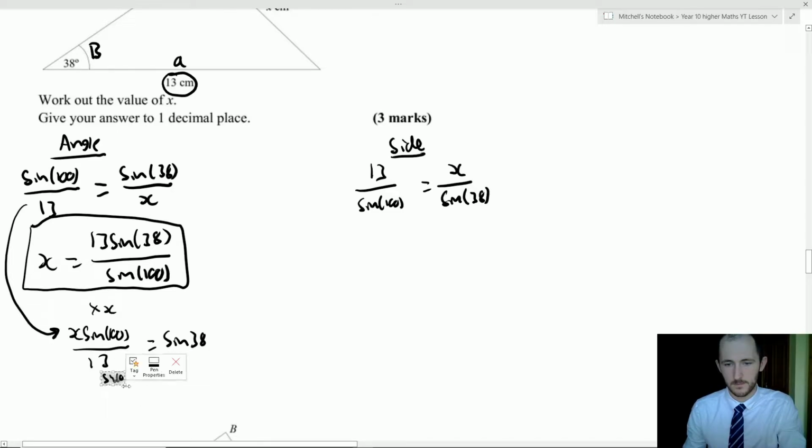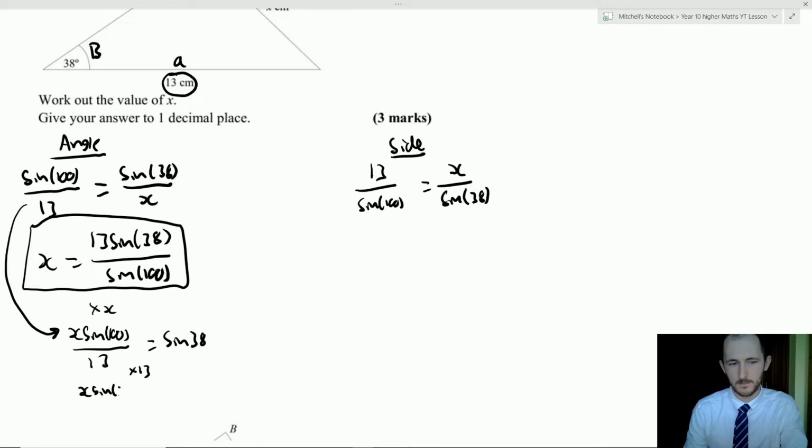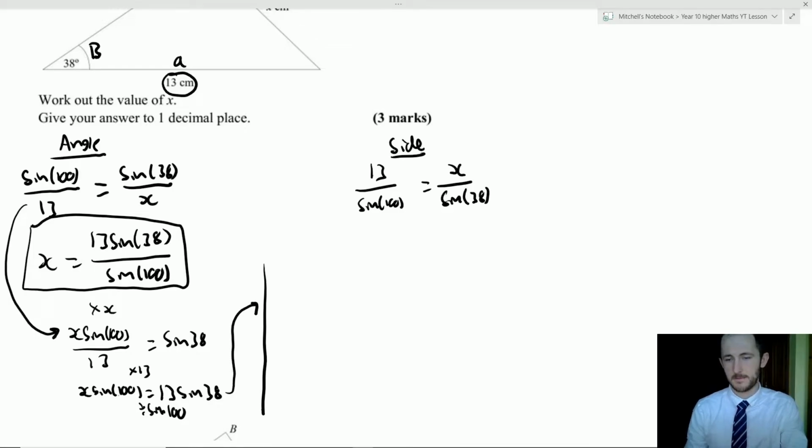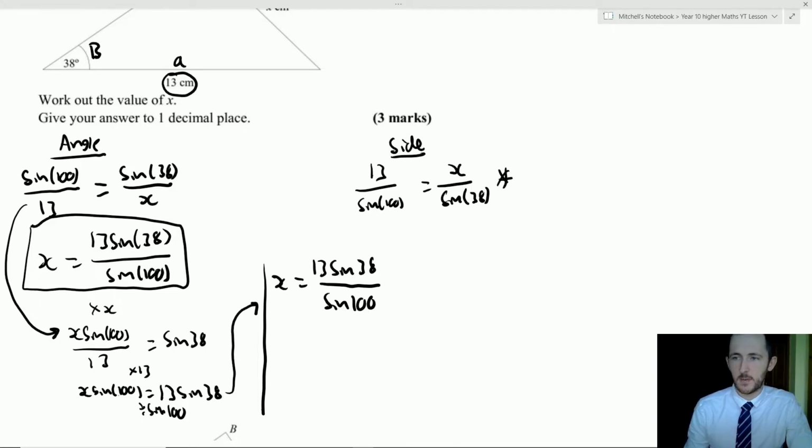Right, so we have x sine 100 equals 13 sine 38. Divide by sine 100. And remember, sine 100 is just a number, so it doesn't actually matter. Okay, and we get x equals 13 sine 38 over sine 100. And I hope that you can see that if I rearranged this equation, I would get the exact same thing, because all I'd need to do is times both sides by sine 38.